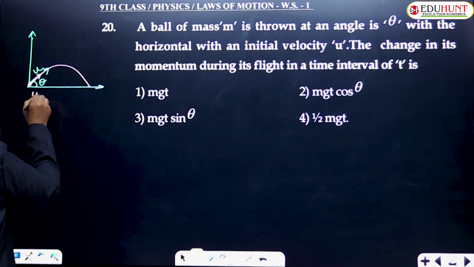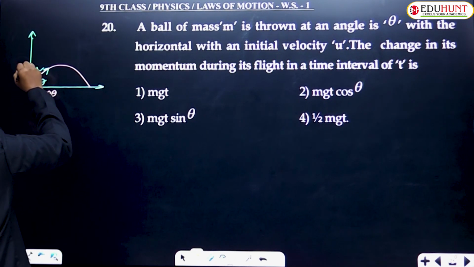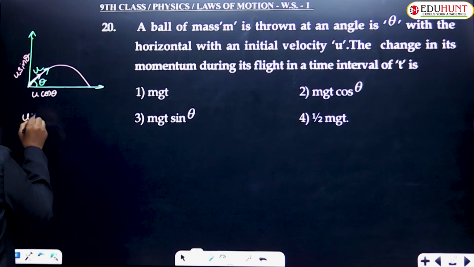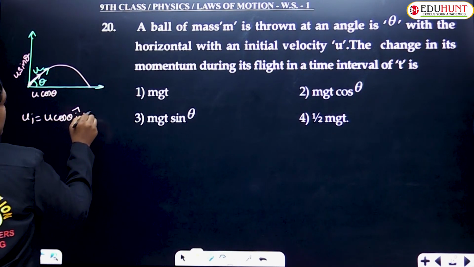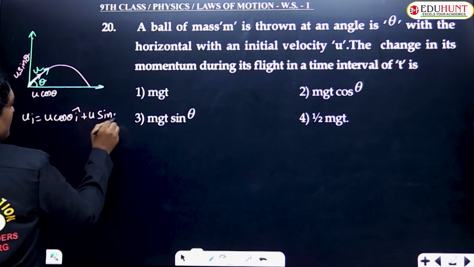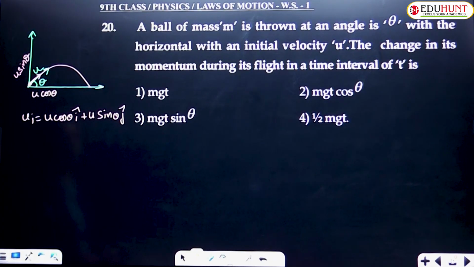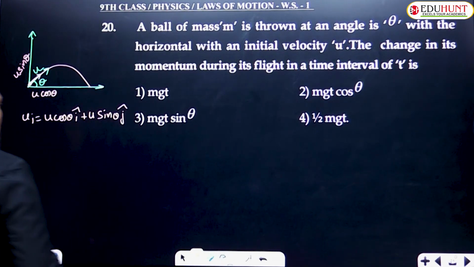This initial velocity vector is resolved into two components: the horizontal component u cos theta and the vertical component u sin theta. So the initial velocity vector is given by u cos theta i cap plus u sin theta j cap.